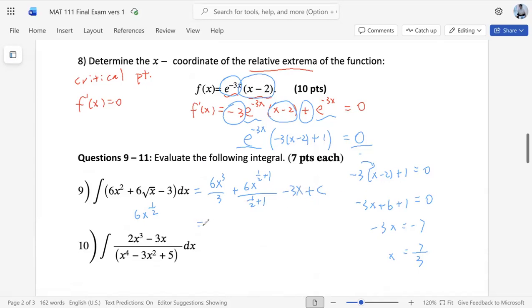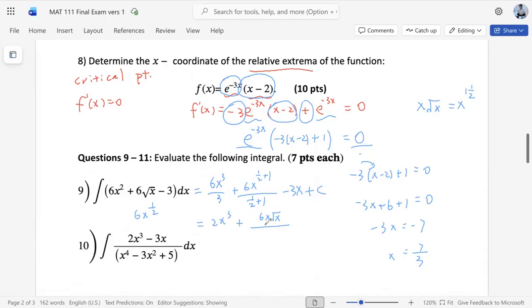We'll simplify a little bit. 6 divided by 3, that's 2, so 2x cubed. Now this one we have plus 6x square root of x, right? x square root of x, that's x raised to 1/2, or 3/2, or 1 plus half. Then divided by 3/2.